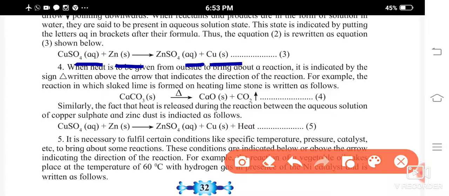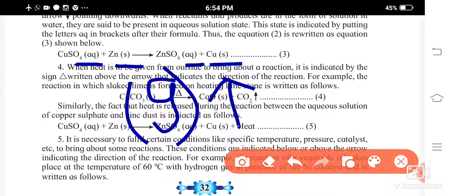Now, if it is a gas, then it's written as G in the bracket. But instead of writing G in the bracket, you can just show this with an upward arrow also. So you can write gaseous in that way also.